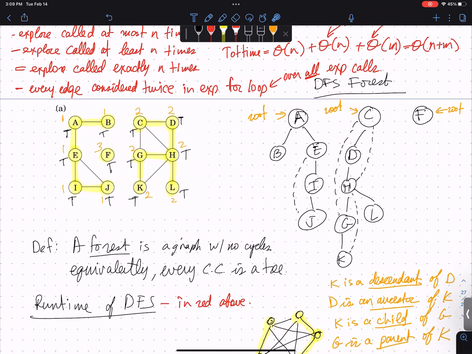Besides just finding connected components, we added to depth first search the labeling of start and end times, the pre and post visit time for every vertex.